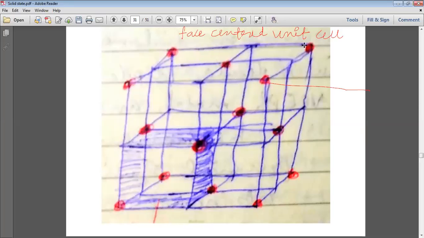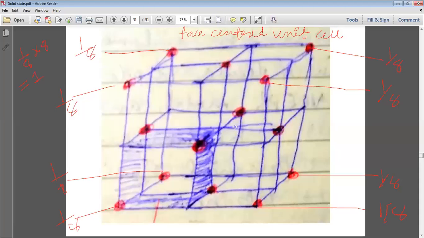So this is 1, 2, 3, 4, 5, 6, 7 and 8. These all are present as 1 by 8. So here we have 1 by 8 particle, 8 times, that is equal to 1 particle.